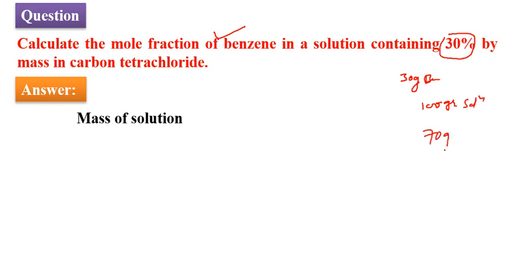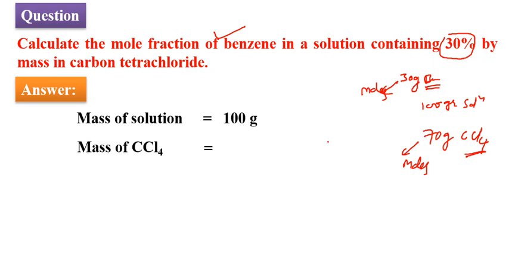Therefore 70 gram carbon tetrachloride will be there. Then you have to convert into moles. For moles, you have to know molar mass of benzene as well as molar mass of carbon tetrachloride. Mass of solution 100, mass of CCl4 70, mass of benzene will be 30.